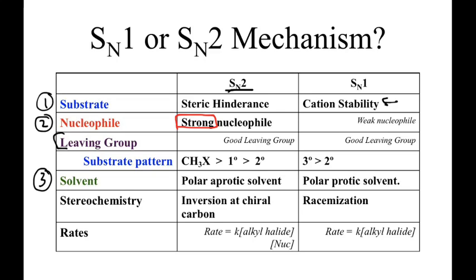As long as I have one, I can do the SN1 reaction. Both reactions need a good leaving group, so we won't worry too much about that. Unless we get into the alcohol chapter, chapter 8, our leaving groups will always be halides.